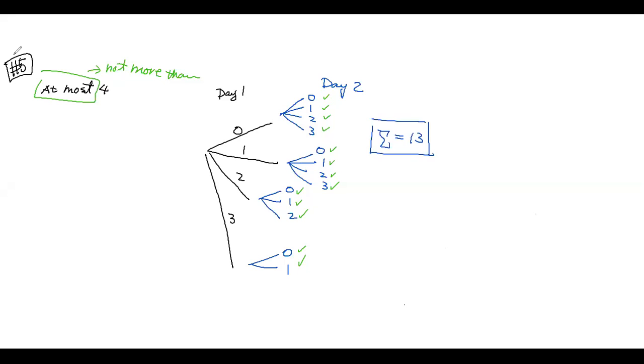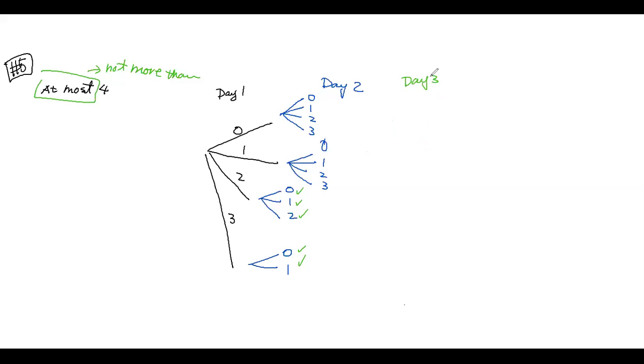Okay, so for number 5 here, the day 2 is still the same. So be careful here, this is 0s here. Now I'm going to the day 3s.